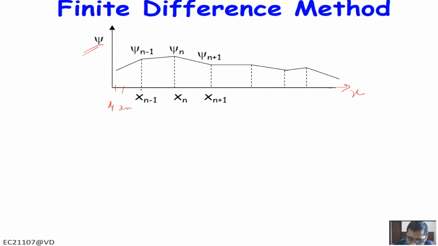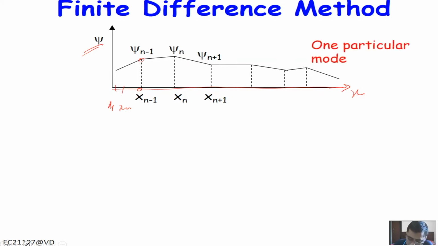At each x we have the value of psi, and then we have to calculate. First of all, we discretize the x-axis, and we know these vectors, these values x1, x2, because when we solve on a computer, we don't get an analytical expression. We get the values at different axis points.